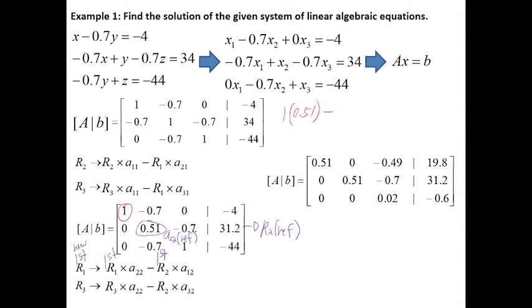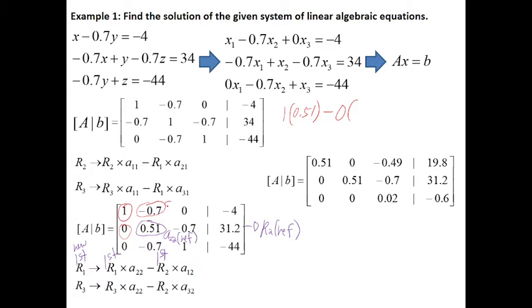minus R2. R2 is R2 first element. Ito, 0. Ito yung R2 first element. No? 0 times A12. Ito yung A12. No? Ito yung gagawin nating 0.